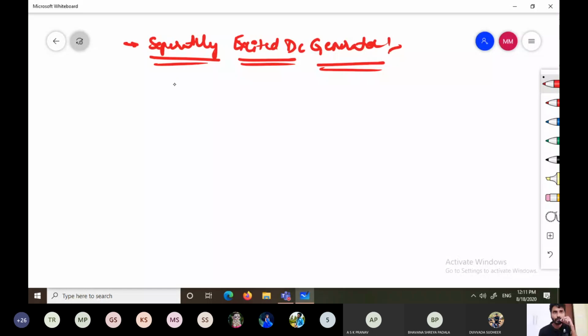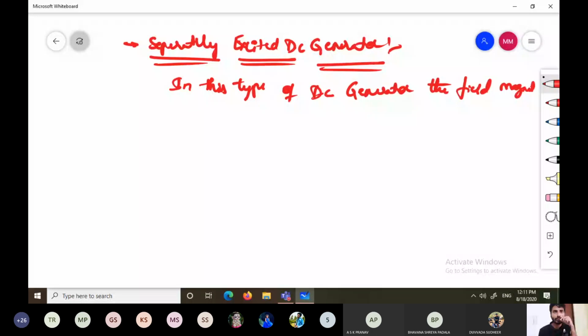Again, I am writing that in this type of DC generator, the field winding or the field magnets are energized with a separate DC source.